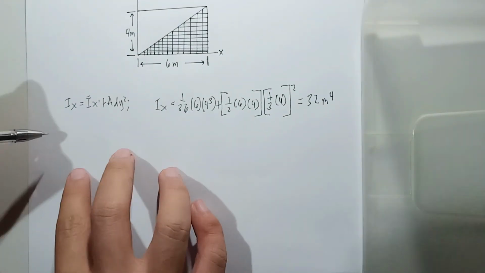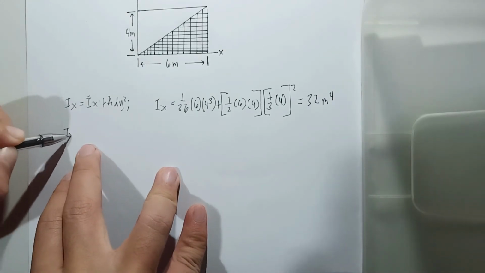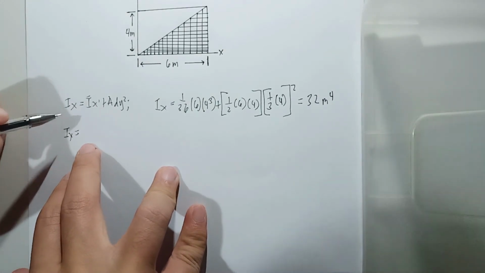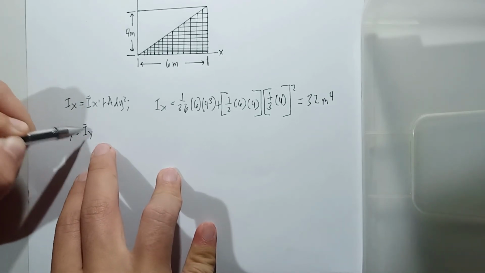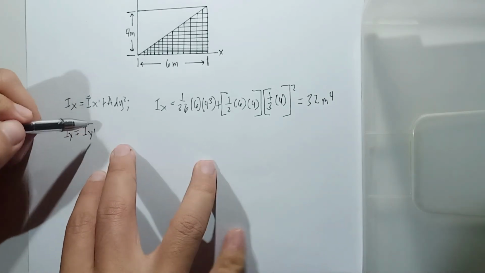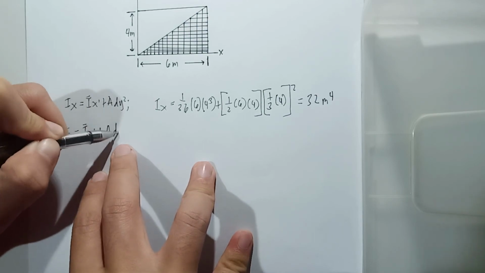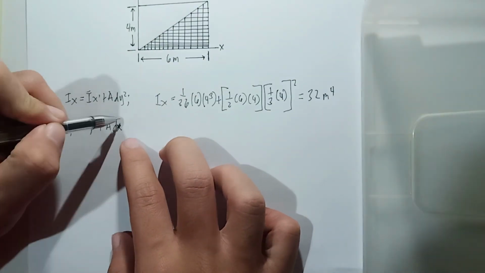For the y-axis, Iy, or moment of y, is equal to Iy, the total of y, plus A dx squared.